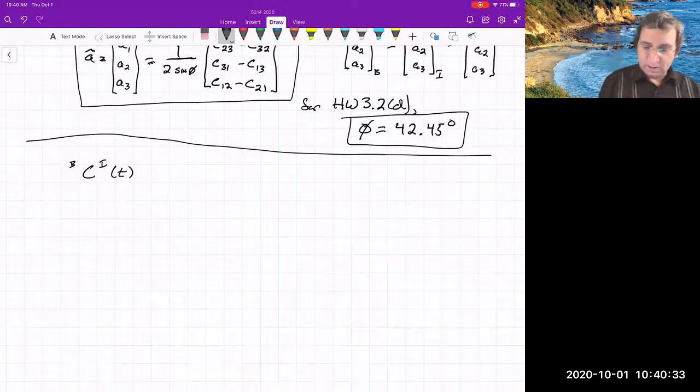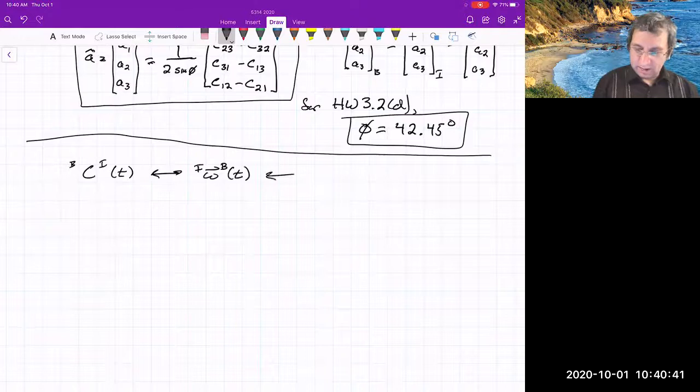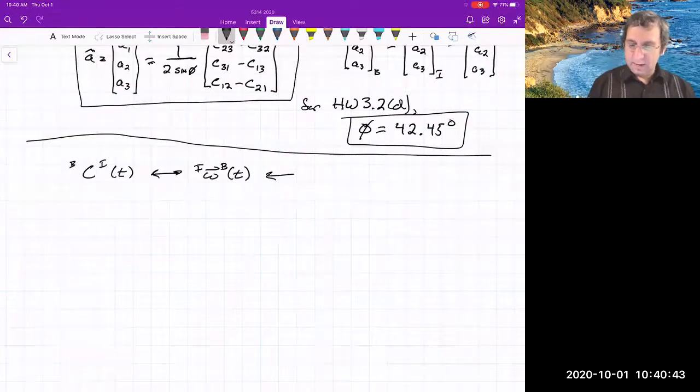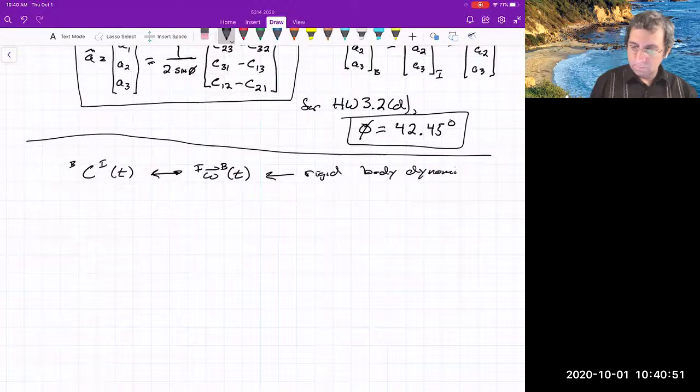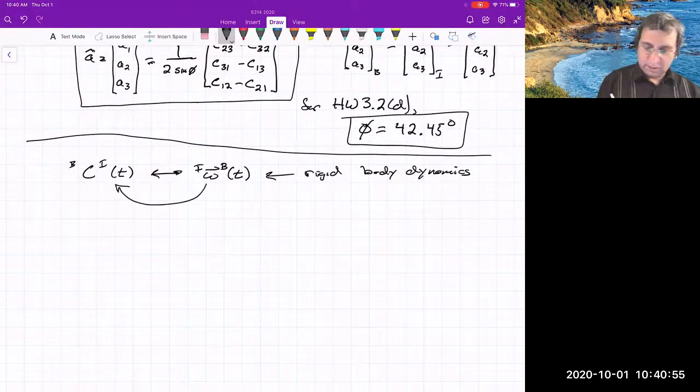And that is going to be related to the angular velocity. And how do you get the angular velocity? The angular velocity comes from rigid body dynamics. But then how do we go from omega to C? What's that step?